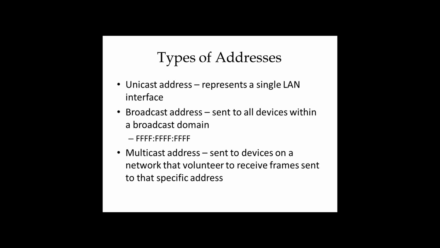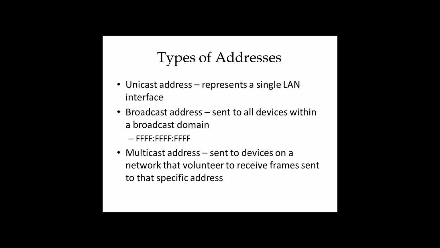When we send out a broadcast, that frame is going to go to all of the machines actively connected to that broadcast domain. So if you've got 24 machines plugged into that switch, from my machine, that broadcast is going to go to all 24 of those machines.